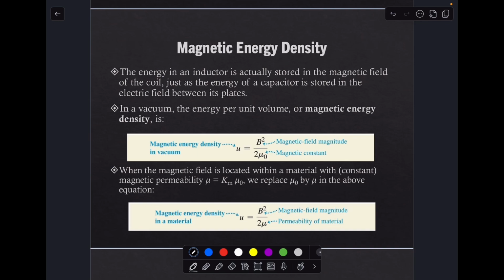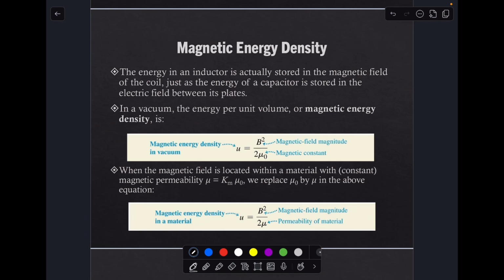So it makes more sense to describe the density of the energy in that object in the same way that we talked about energy density between the plates of a capacitor. So the energy density per unit volume is given by little u, and that's equal to B squared, magnetic field magnitude squared, over 2 mu naught.